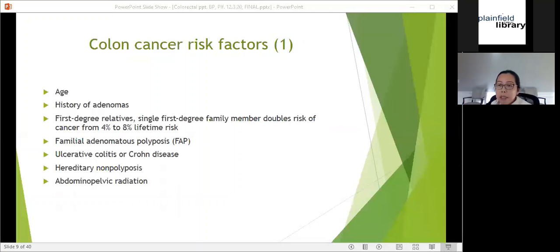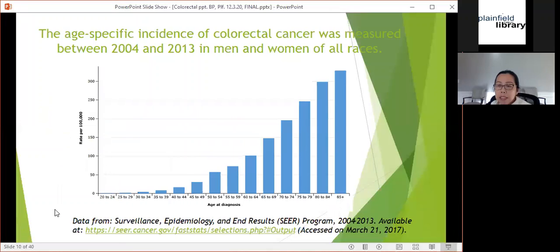Other risk factors are familial adenomatous polyposis, history of ulcerative colitis or Crohn's disease, hereditary non-polyposis, and a history of abdominal pelvic radiation, which could be due to previous treatment of other types of cancer, such as lymphoma. Next.